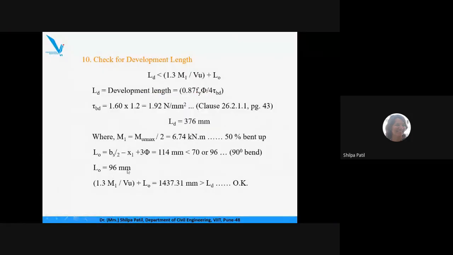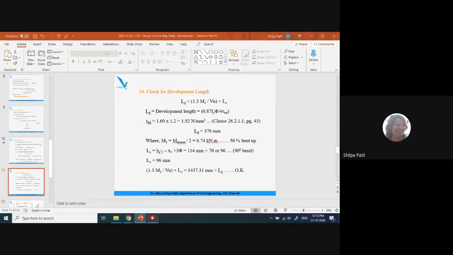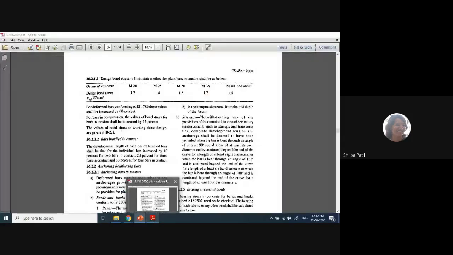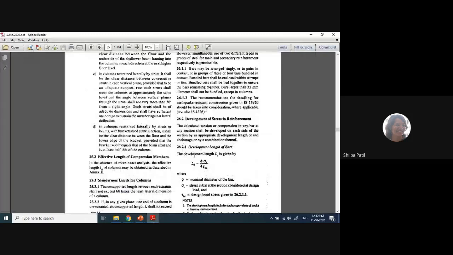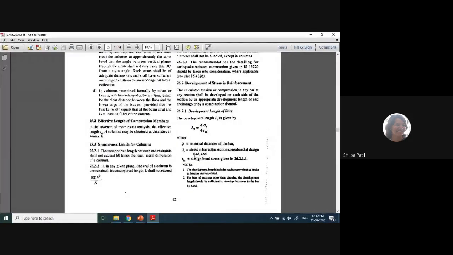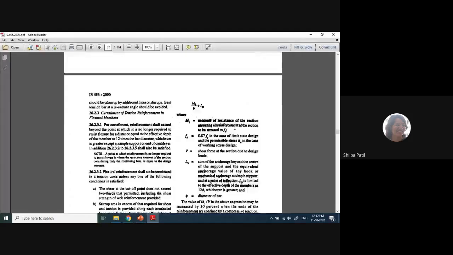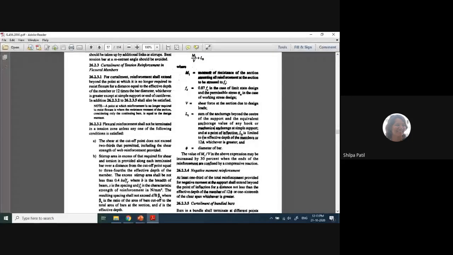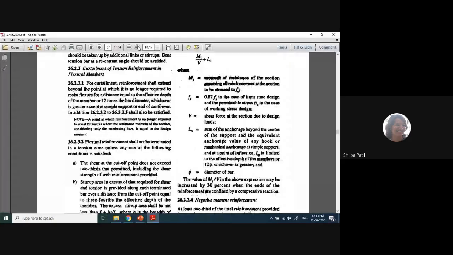Okay, L0. So for the L0 value, I will go to the code again. Can you tell me the page number? This is LD, it will be the next page, L0. Now L0, see here, are you able to see the code?